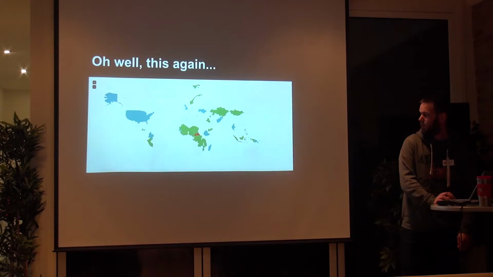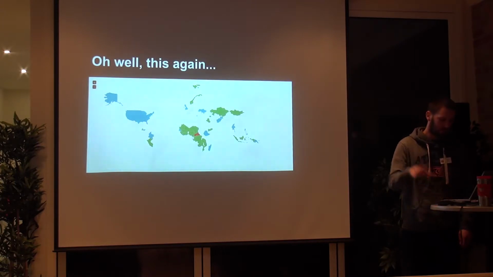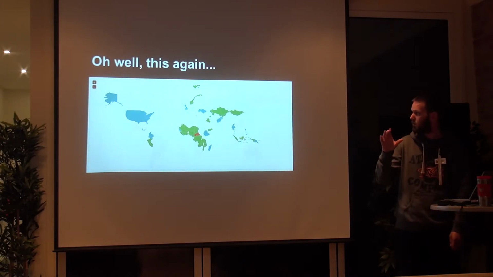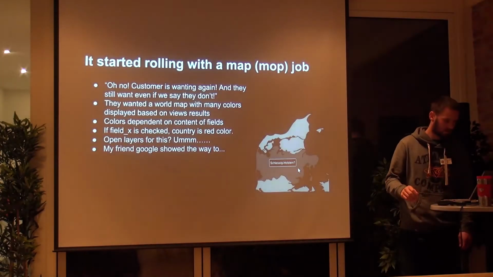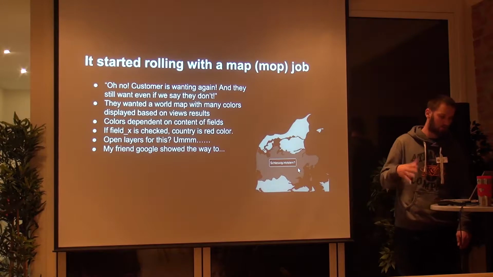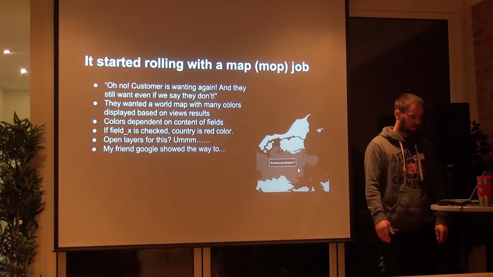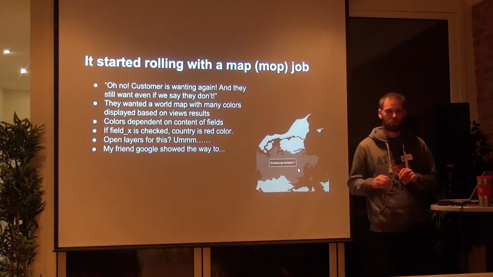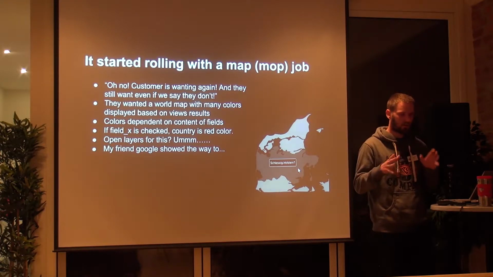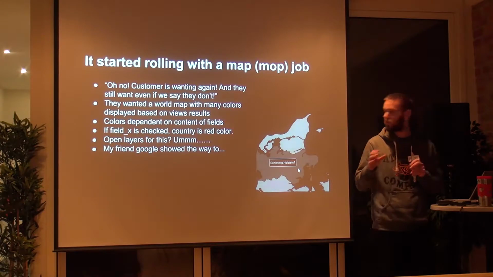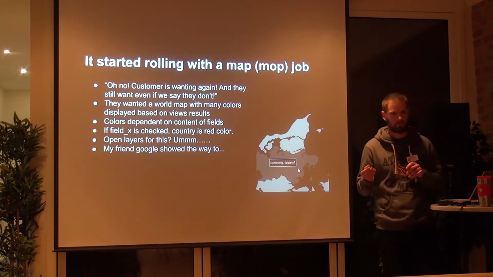It's basically a clickable map using Jvector map, and they wanted a map which you could click on different elements in and get information on the different countries in the world.